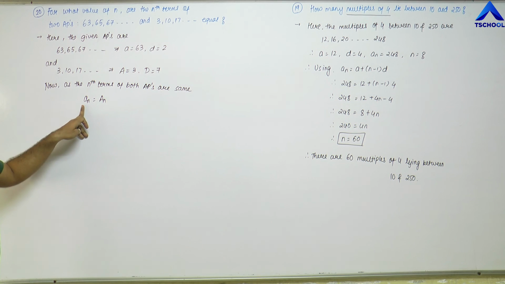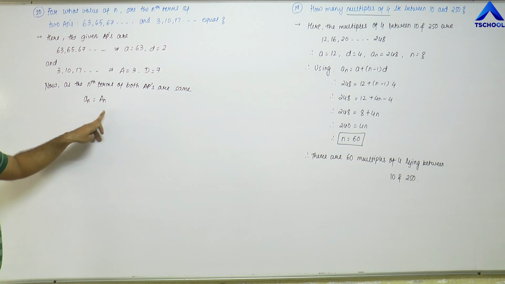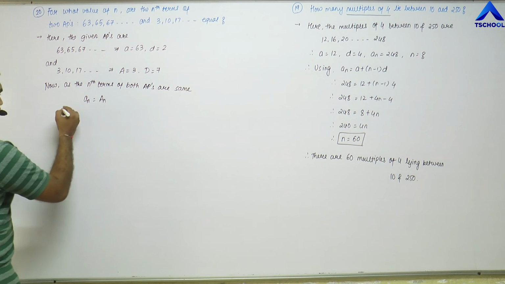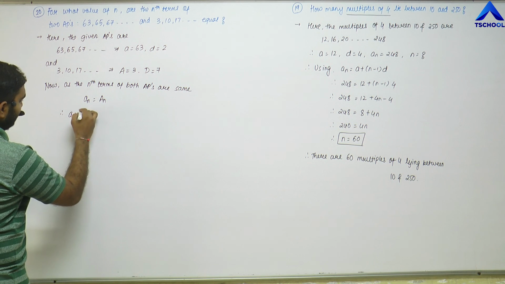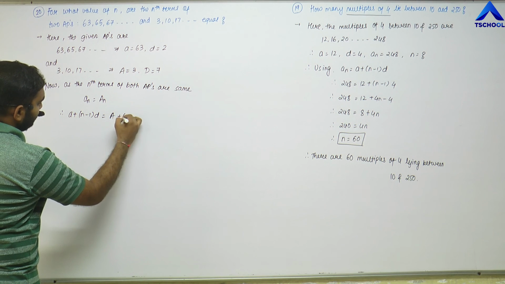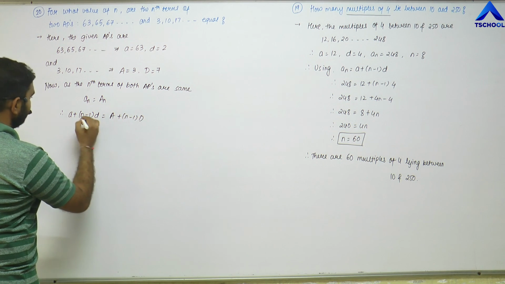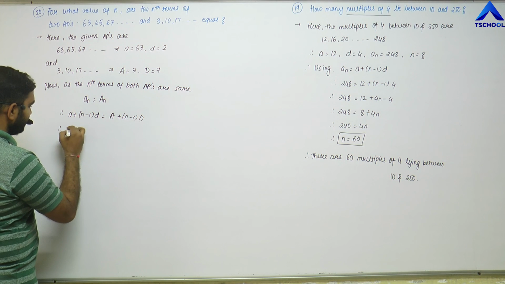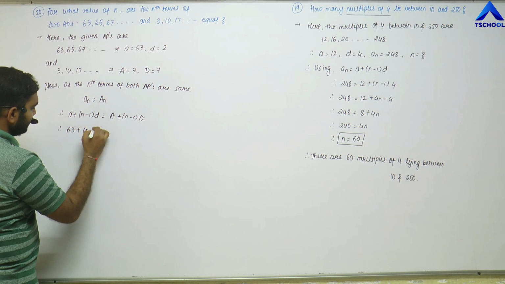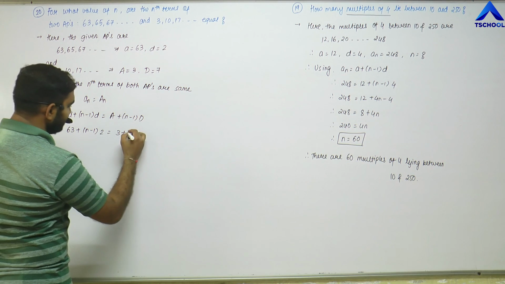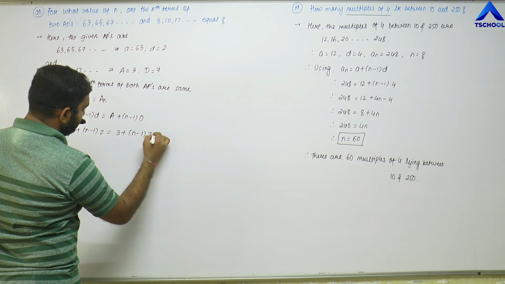So the nth term of the first AP is an and the nth term of the second AP is capital An. That is equal to a plus n minus 1 into d is equal to A plus n minus 1 into D, right? Which is, putting down the values, 63 plus n minus 1 into 2 is equal to 3 plus n minus 1 into 7.